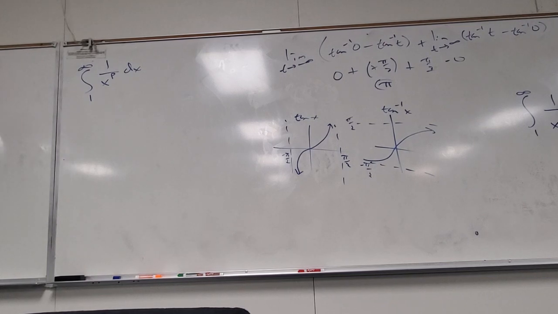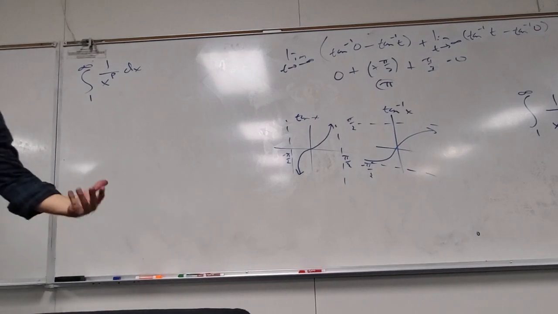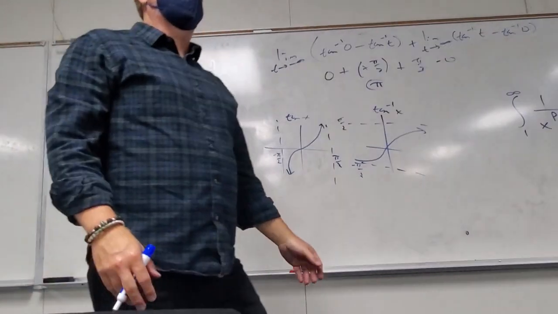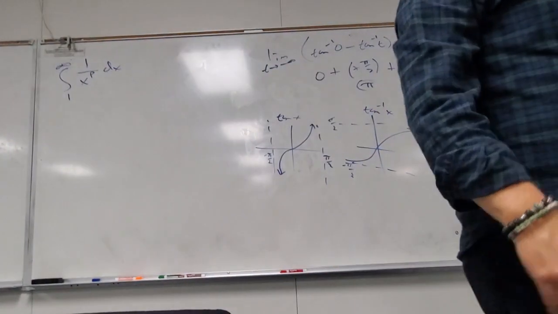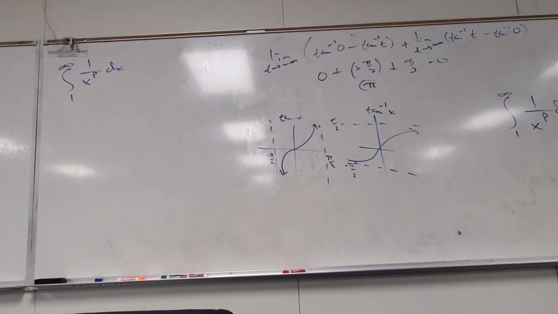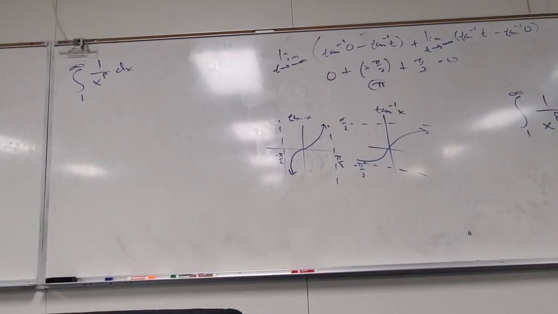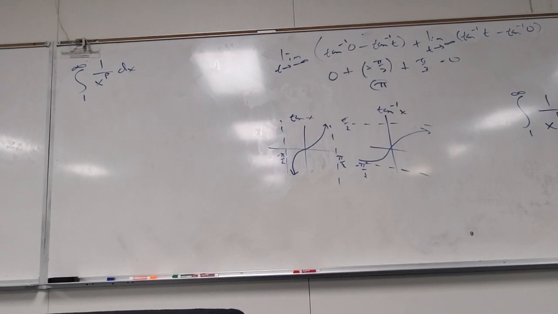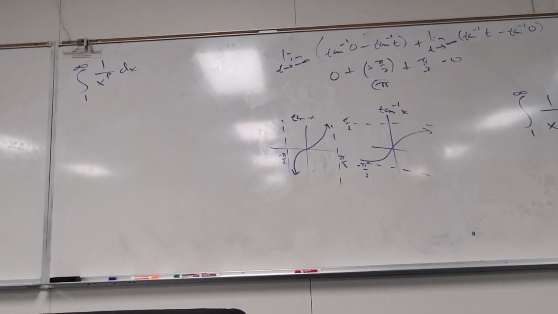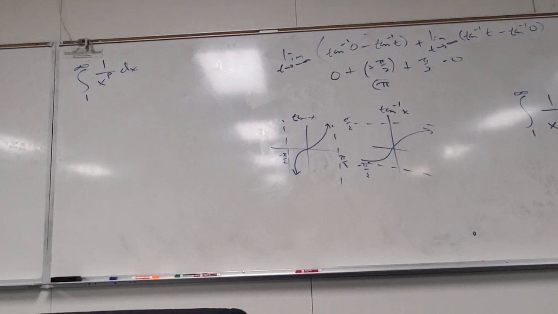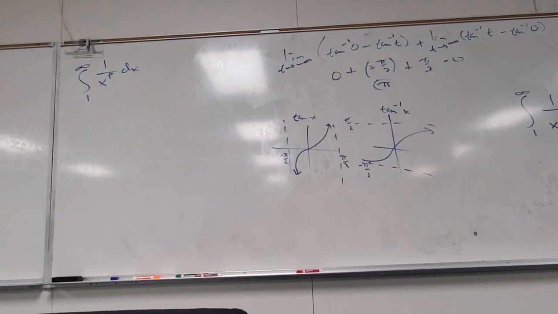You guys know this. How do you integrate x to the n? The integral of x to the n is x to the n plus 1 over n plus 1. What's the only value of n that makes that freak out? The only value is negative 1.